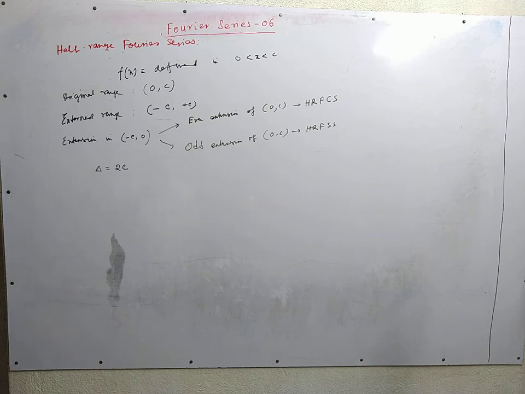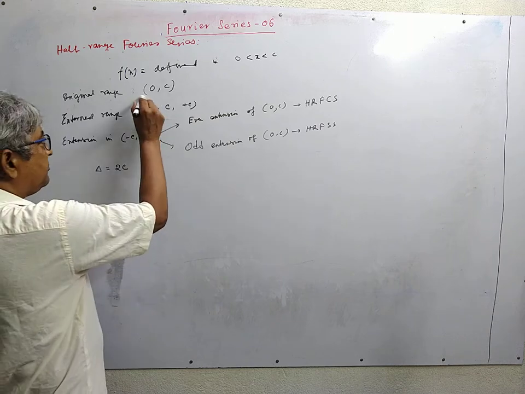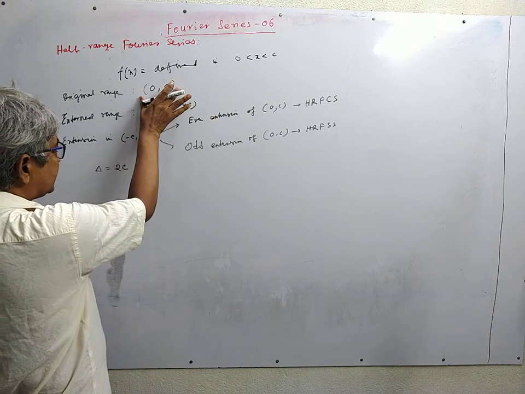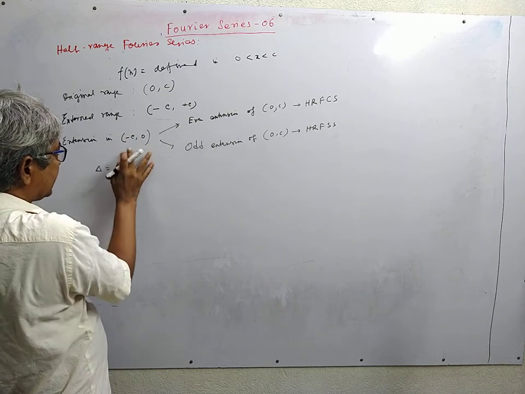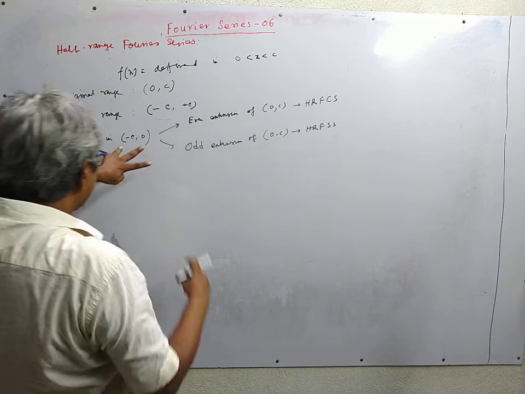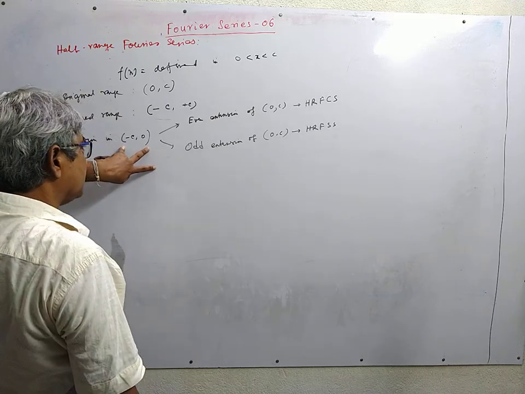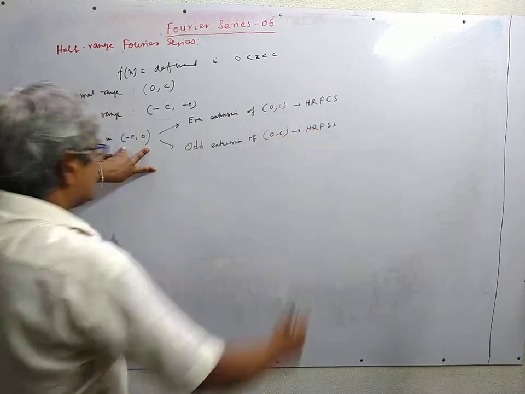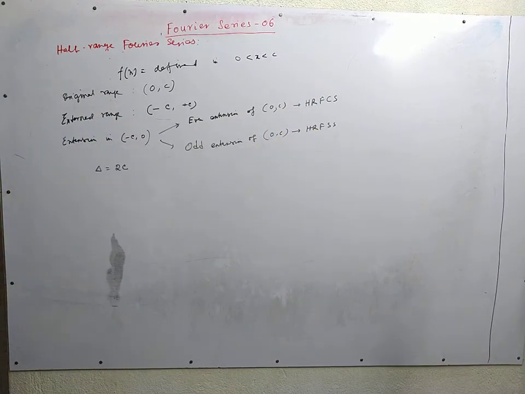Whatever may be the case, the function as estimated by the Fourier series will be the same in this range. Only in the range minus c to 0, the extended region of the function will be different as per the choice of series, sine series or cosine series.